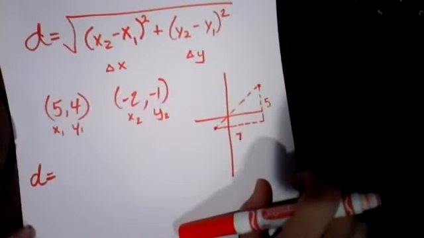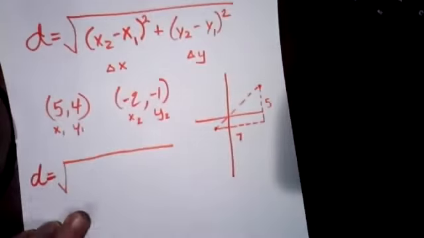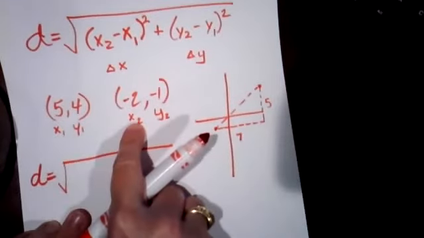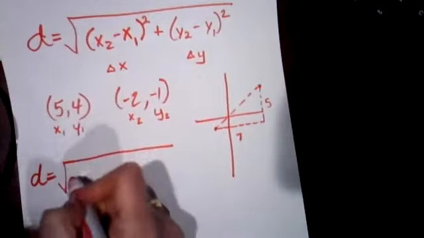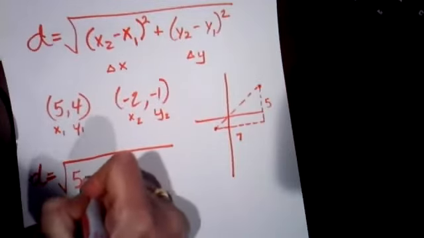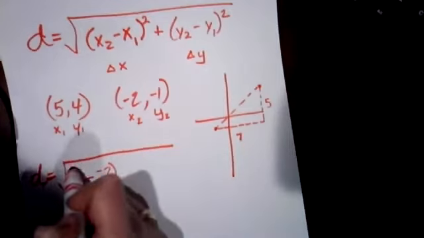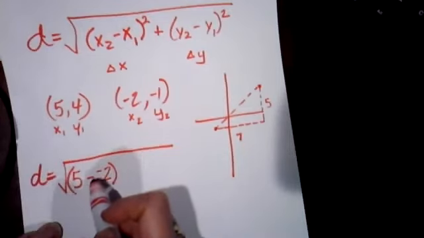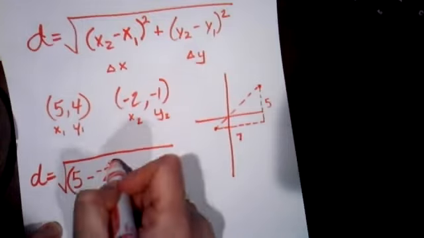Okay, so here we are. We're doing the square root of the difference between these two. Now watch what they did. They subtracted, so this would be 5 minus a negative 2. Be careful, because that was already a negative. That doesn't take the place of your minus. You have both of them.